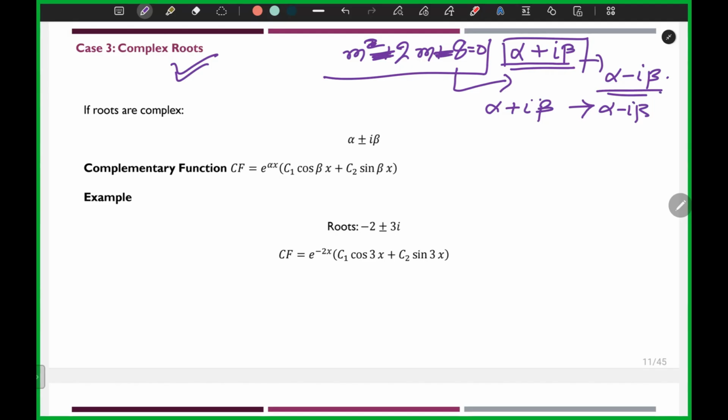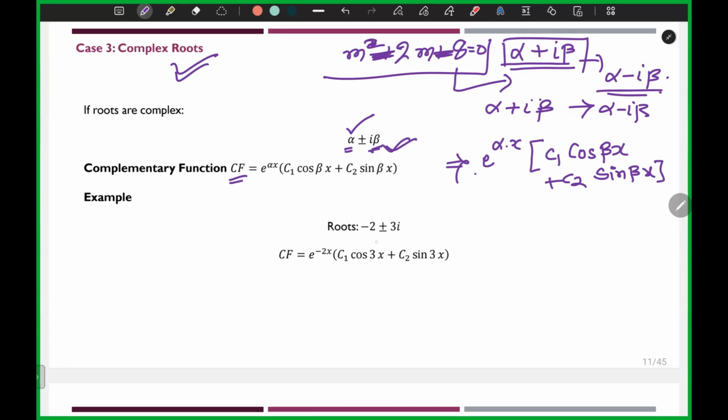So for the complementary function for this type of roots, after solving our auxiliary equation, we write the alpha part as we did earlier in the exponential, e to the power alpha x. Then the imaginary part is covered in trigonometric functions, that is c1 cos beta x and c2 sin beta x.